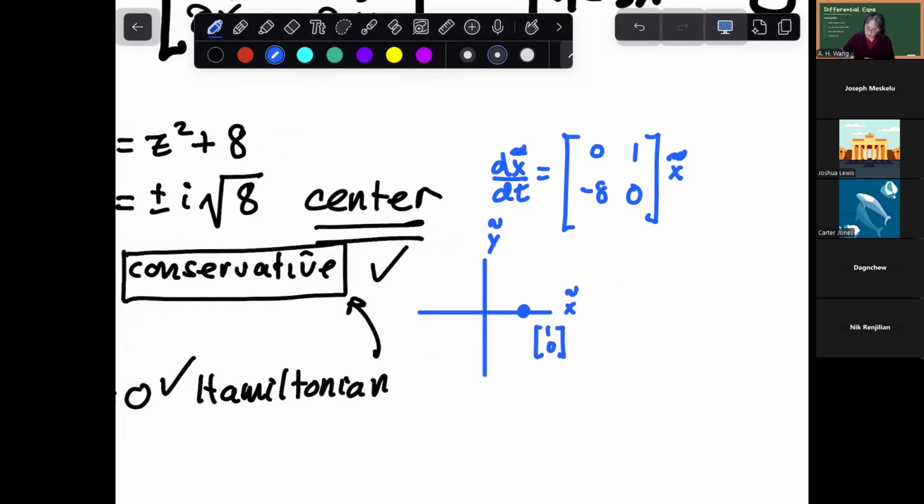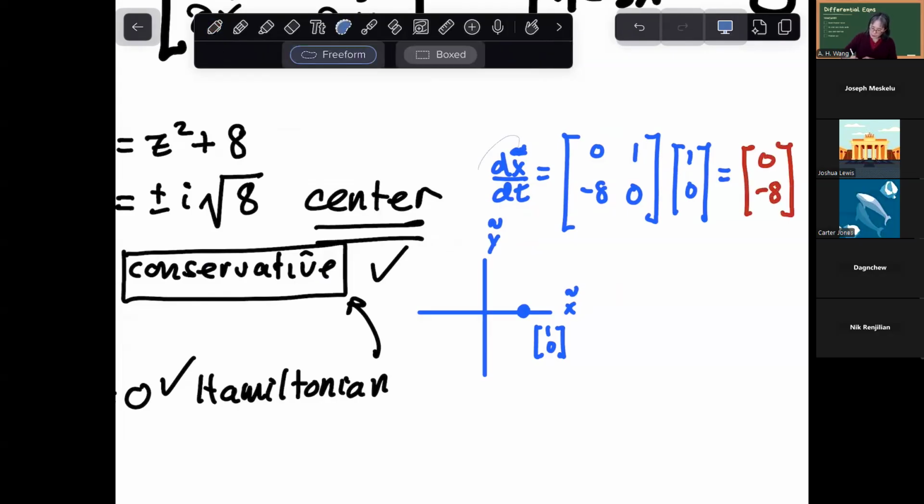So if you plug in (1, 0), what are you going to get? You are going to get 0 and -8. And that is going to be your tangent right there.